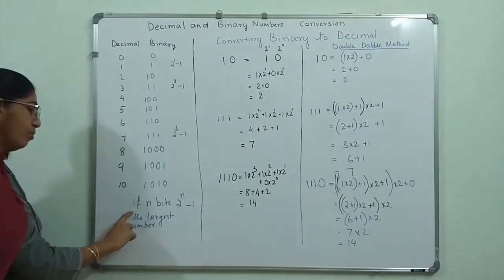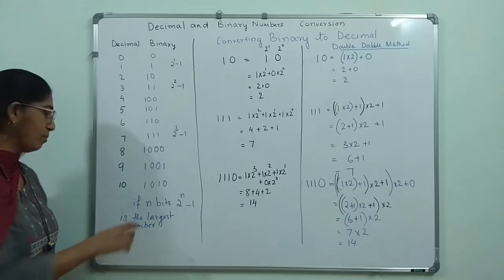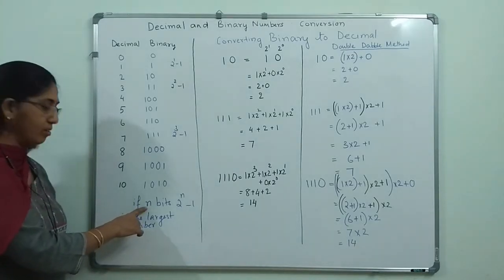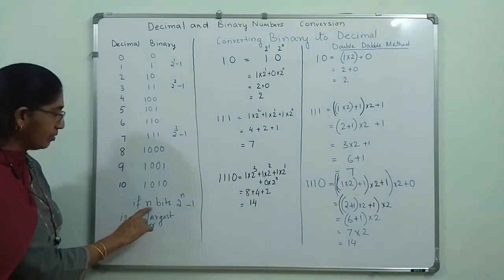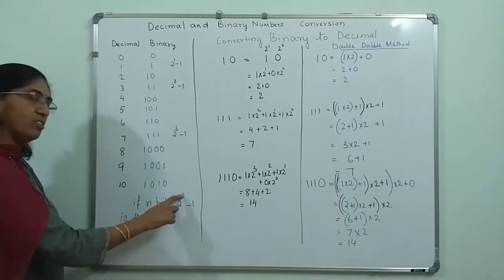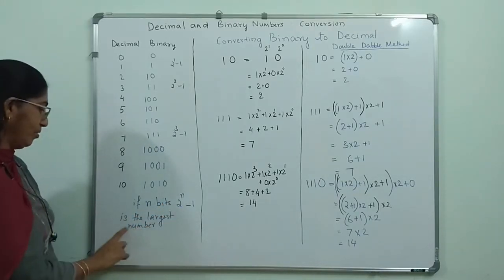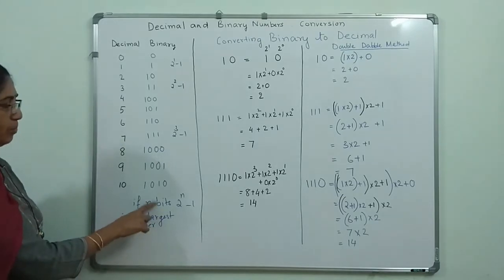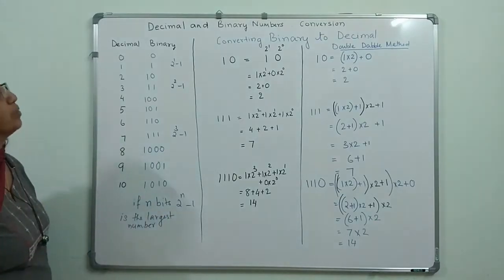Like that you can go up to any number of bits. Suppose there are n bits in your location. The maximum value that can be represented in those n bits is 2 raised to n minus 1. That is the largest number possible in an n-bit arrangement.